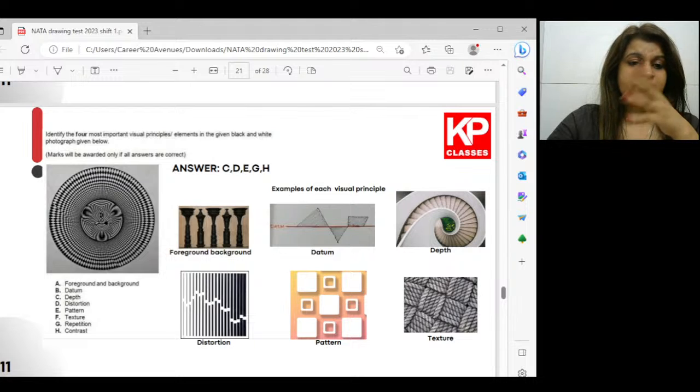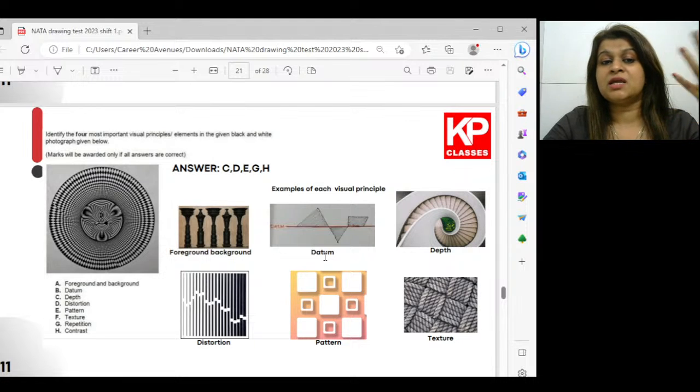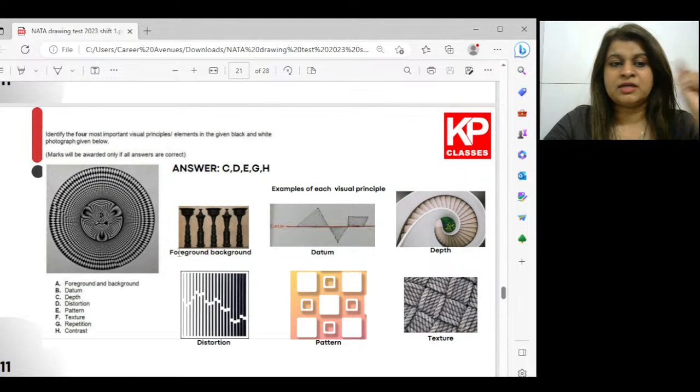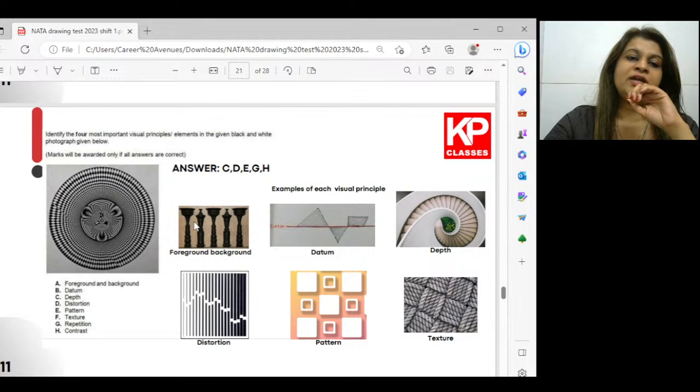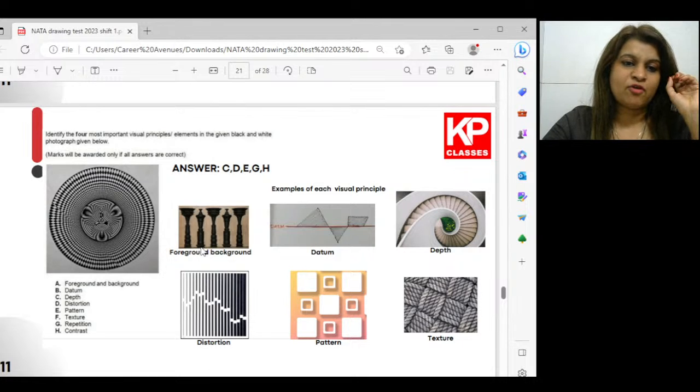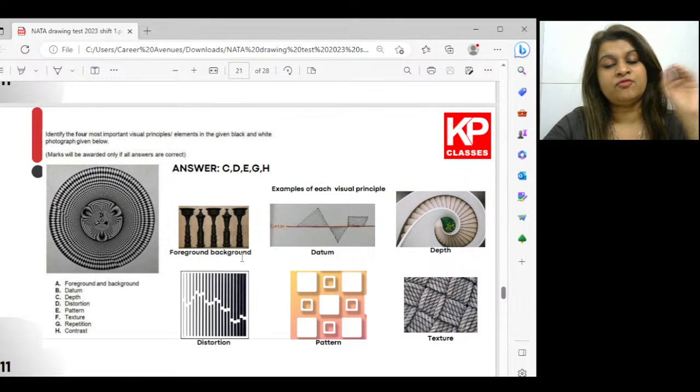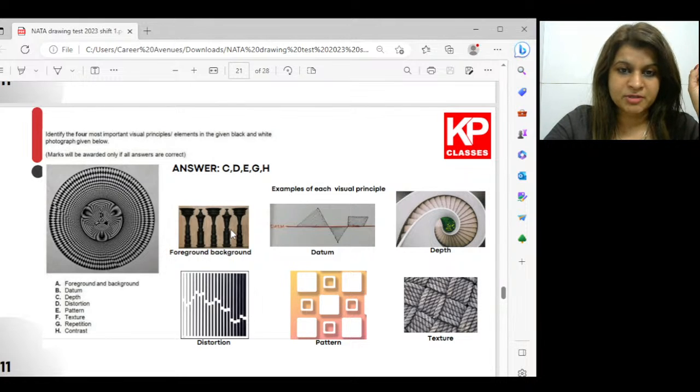The first one is depth. There is no foreground and background over here, but I have given an example for you where you understand that the foreground, which is this black area, and the background, which is the leftover, both interact in a way that a figure is forming. So there's a very strong play of foreground and background in this particular image.